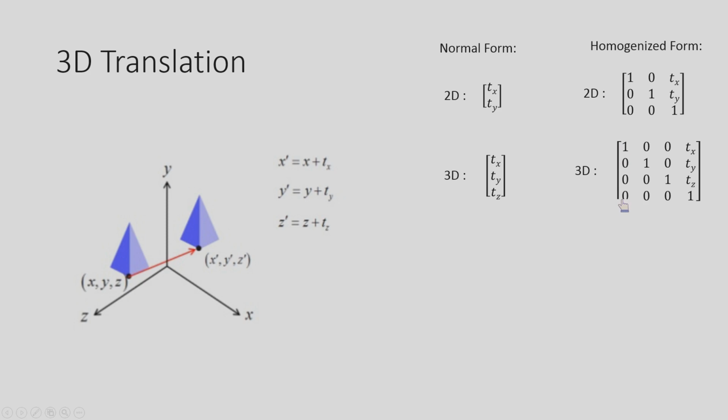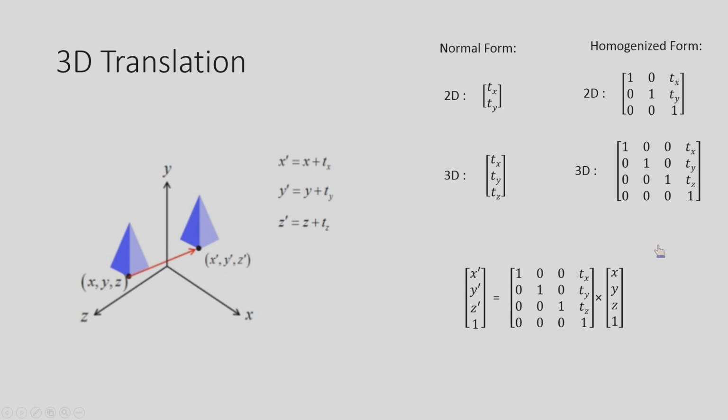In this, we have homogenized form of the matrix, which is a 4 by 4 matrix. These values are tx, ty and tz as usual, translation factors along x, y and z directions, and all the 4 diagonal elements, this time we are having 4 diagonal elements, earlier we had 3, are set to 1, and the remaining non-diagonal elements will be set to 0. So this is the homogenized matrix form of 3D translation.